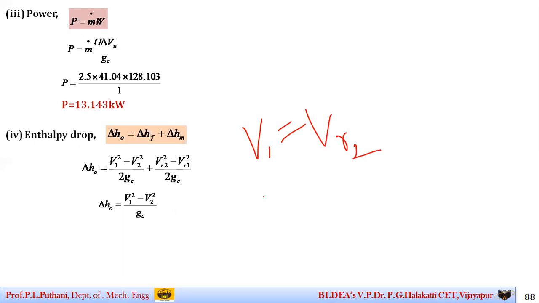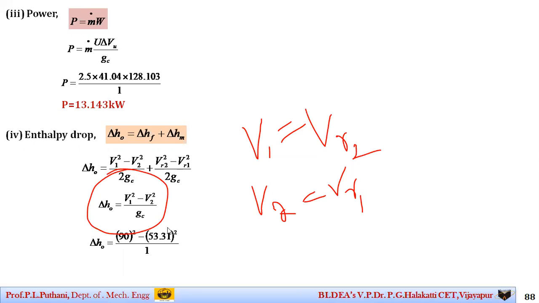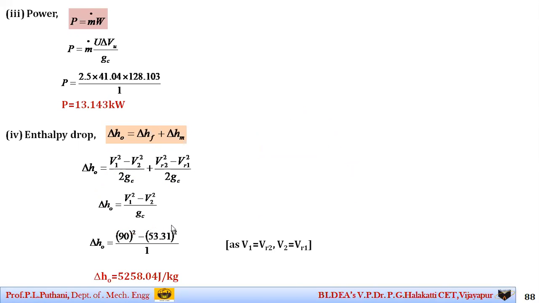So you replace V1 by VR2 or VR2 by V1. Similarly, V2 is equal to VR1, which means you can replace VR1 by V2, you get this equation. And on simplification, I get the value as 5258.041 kilojoules per kg.